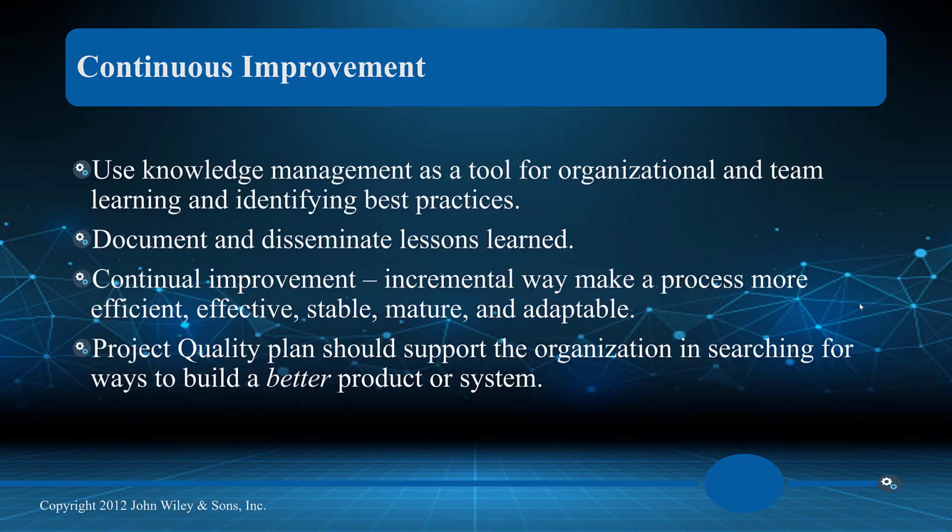So continuous improvement, again, that level 5, use knowledge management as tools for organization and team learning. Remember, I talked about creating those knowledge databases so that people can look back to see what's been done. This is the really high level. This is the idea that if we lose a manager, we don't lose the knowledge of that manager.